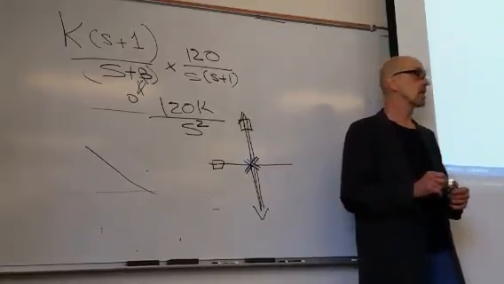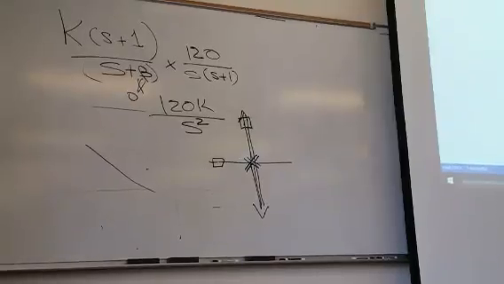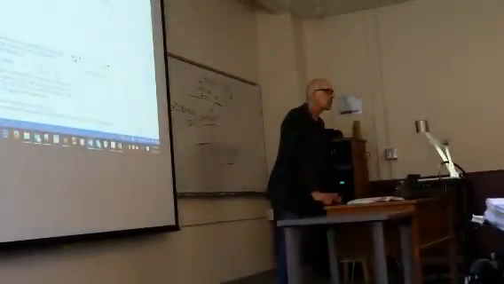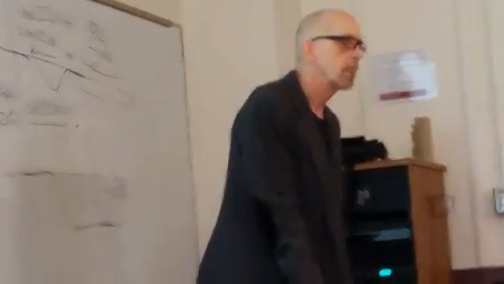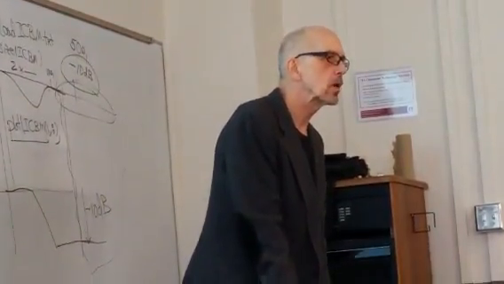Other questions? Yes? For the last homework, in the steady state error, we did the input of 1 over s squared. Why did you use 1 over s squared?